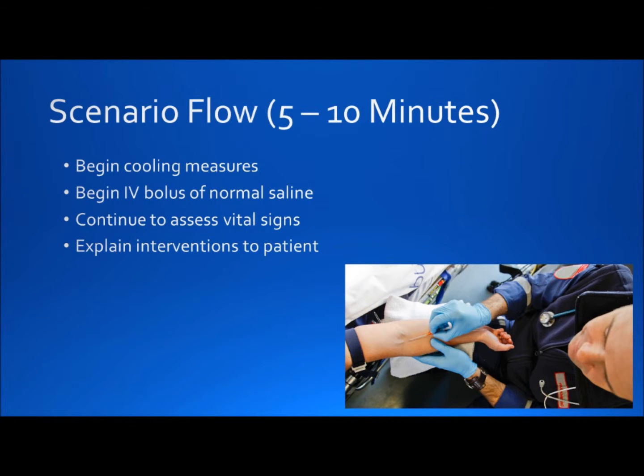Within the 5 to 10 minute mark, the patient should be loaded into the ambulance and cooling measures should be started. An IV bolus should also be started. The need for an IV administration should be communicated to the patient. Also, a reassessment of vitals should occur at least once during this time period.